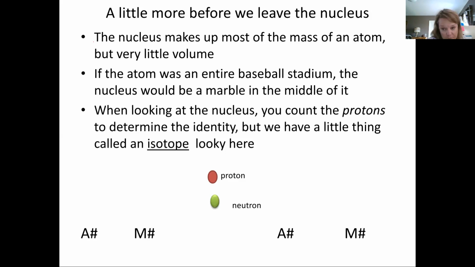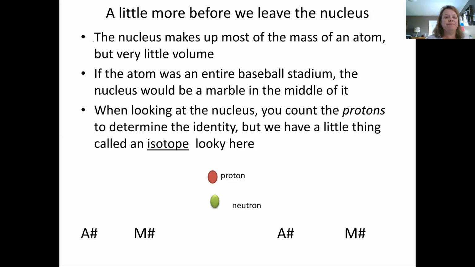That golf ball would weigh 99.9 grams. The whole rest of the stadium weighs 1/10 of a gram. That's how concentrated and dense that nucleus is. That's why Rutherford was so surprised to see those alpha particles bouncing back, but they were hitting something that was very, very dense and positively charged.